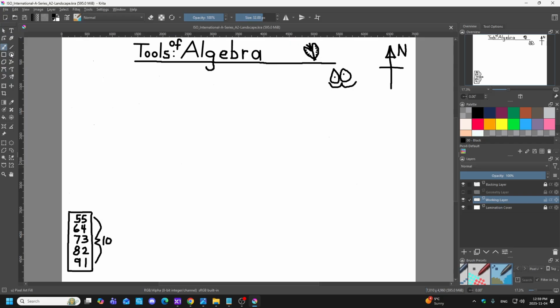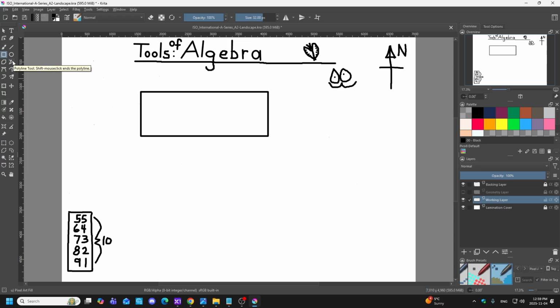Okay, first things first. Let's use the square shape. Life is easier. Okay, so our numbers are our values.